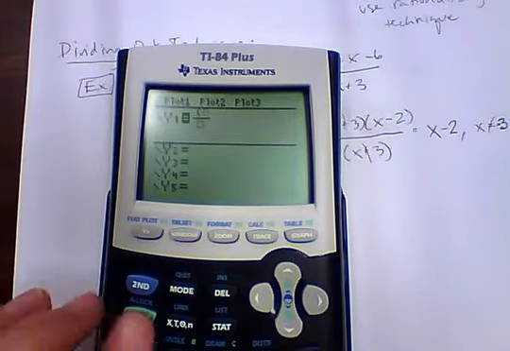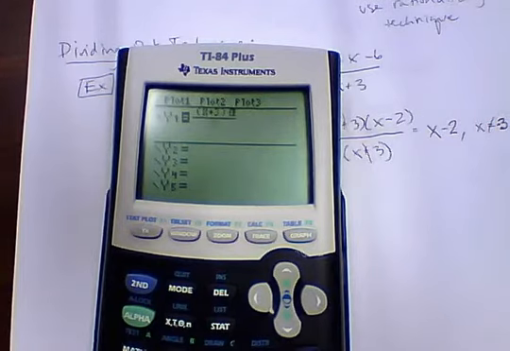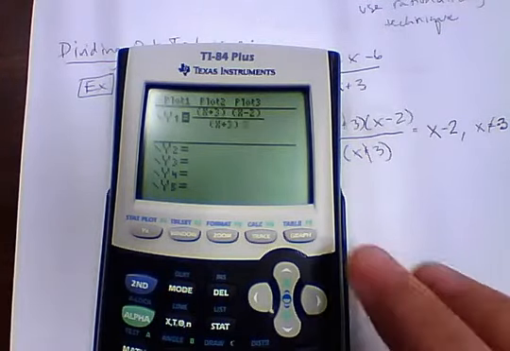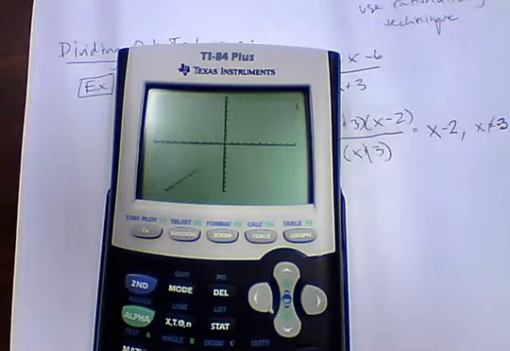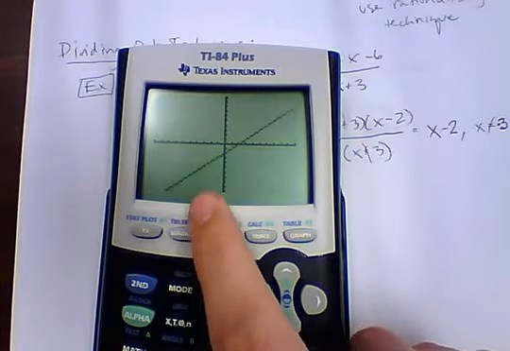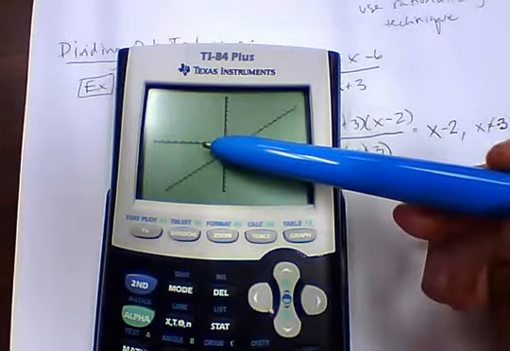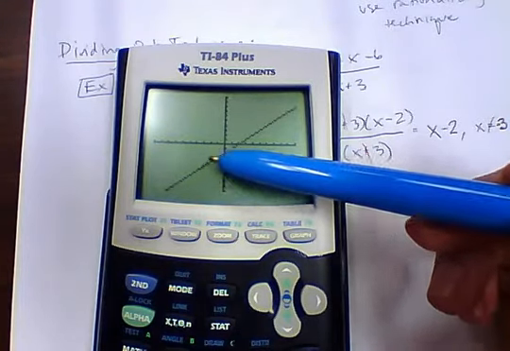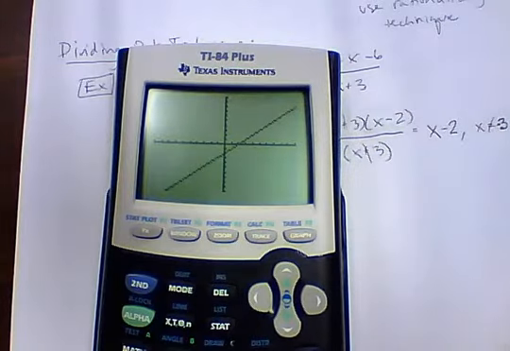And on the top we could say x plus 3, x minus 2, all over x plus 3, and we could graph that. And check it out. We know that there should be a hole right here. We understand that there should be a hole at negative 3, negative 5, but there isn't. So don't let the graph fool you. You need to double check this.